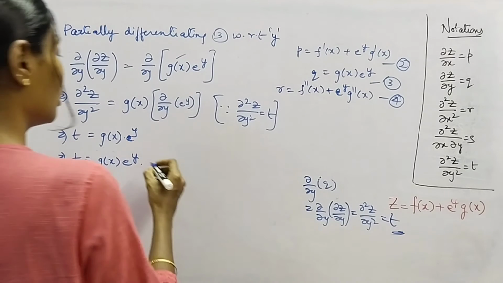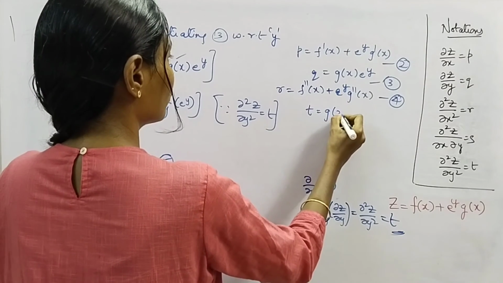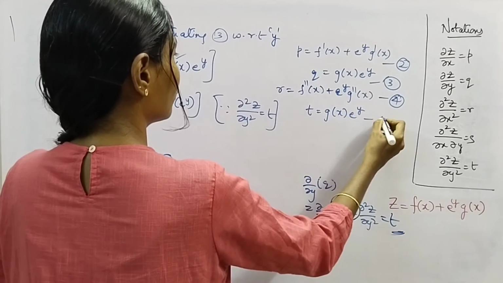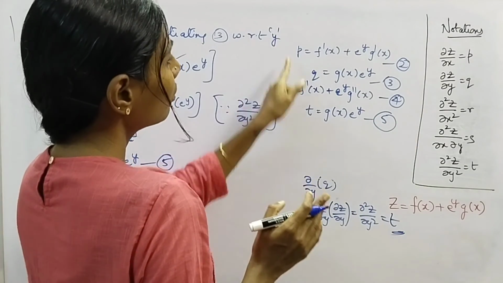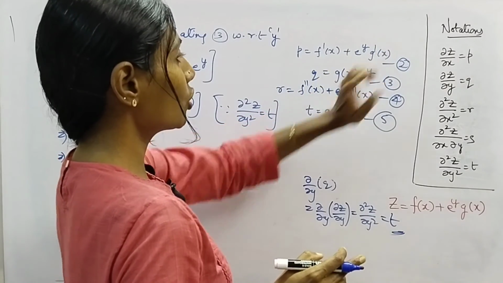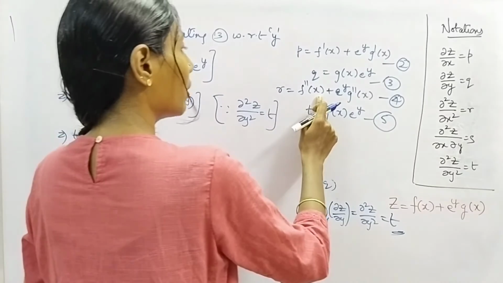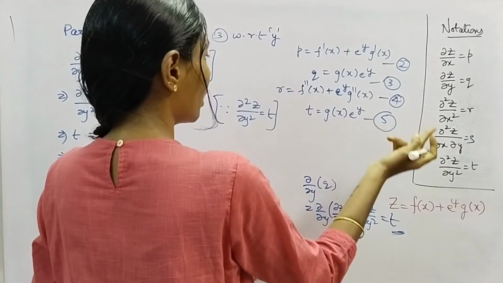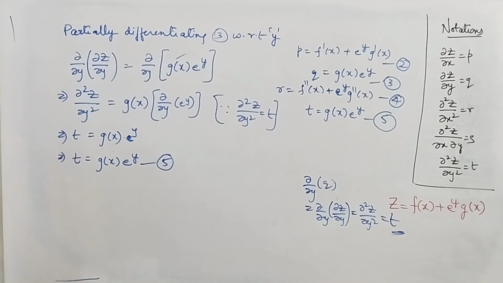Consider this as equation number 5. Now notice all the 4 equations we have. p equal to f dash of x plus e power y into g dash of x, q equal to g of x into e power y, r equal to f double dash of x plus e power y into g double dash of x, t equal to g of x into e power y.